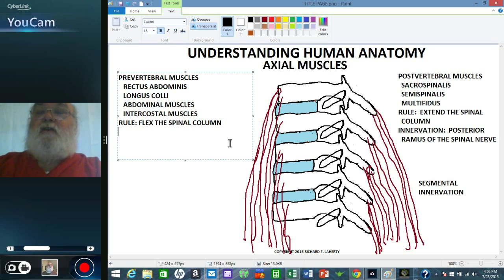Their innervation is also segmental, but the prevertebral muscles are innervated by the anterior ramus of the spinal nerve.